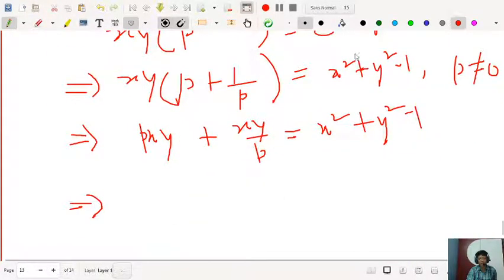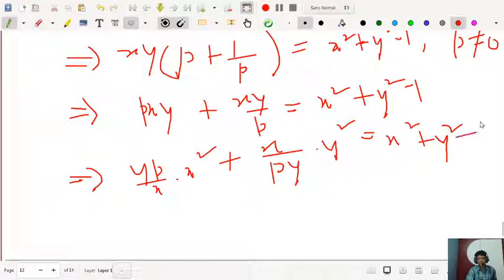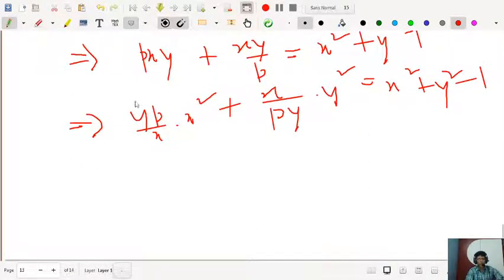So in the first term, yp by x, I have taken an extra x, so x square, and the denominator will be x by py into y square. It's a similar result because it's a similar problem. H square is 1 in this case, so you can do the problem right now.